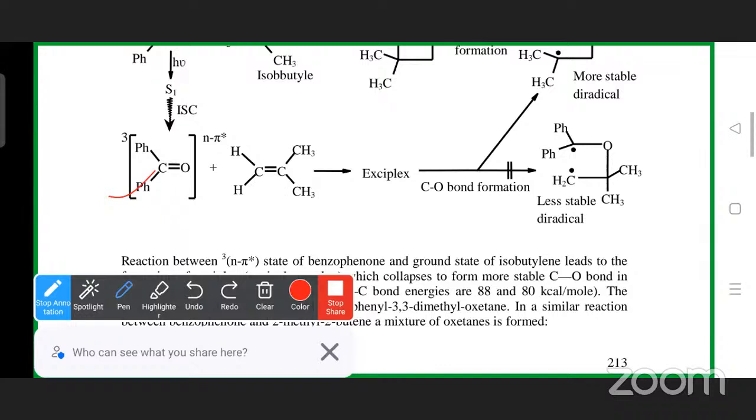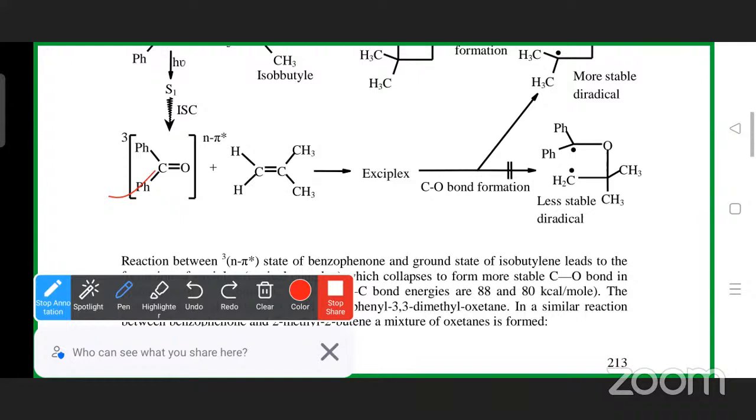Later we'll see the alpha cleavages, the Norrish Type 1 reaction of the carbonyl compound. They take place in both the singlet state and the triplet state, so that comes later.